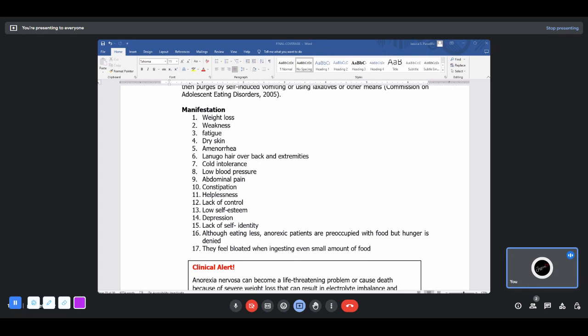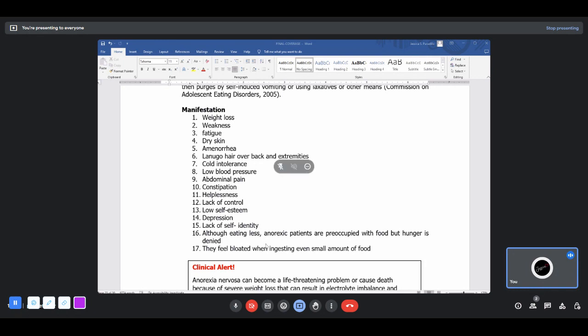Dry skin, amenorrhea, absence of menstruation, lanugo hair over back and extremities, cold intolerance, hindi nila kaya ang lamig, low blood pressure, abdominal pain, constipation also, hirap silang tumae, helplessness, lack of control, low ang kanilang self-esteem, ano pa, there will be a presence of depression, and then lack of self-identity.